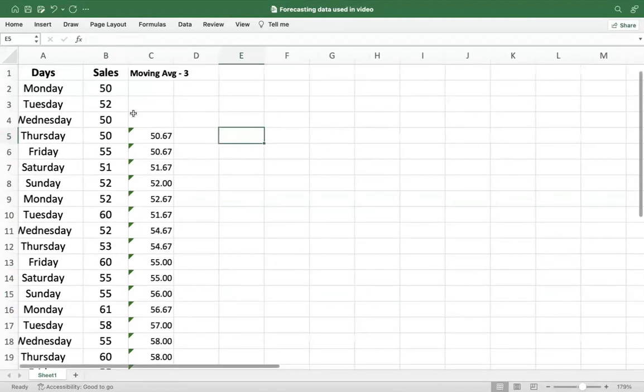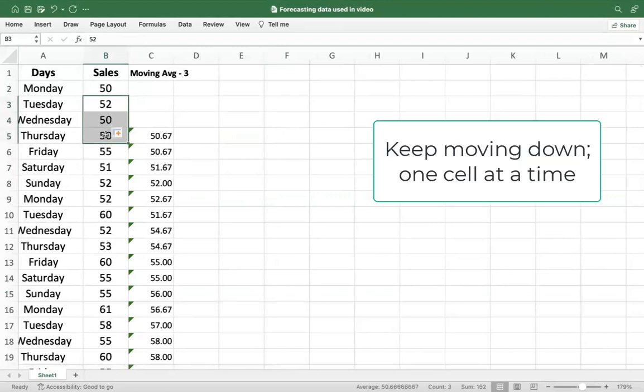Now, in the next step, we move one step down, which means for Friday I will be using these three periods: Tuesday, Wednesday, and Thursday. This one is the average of these three, and this is the forecast for Friday.